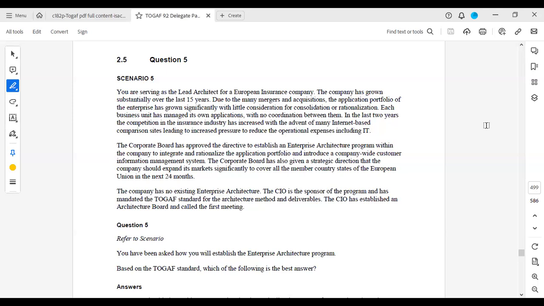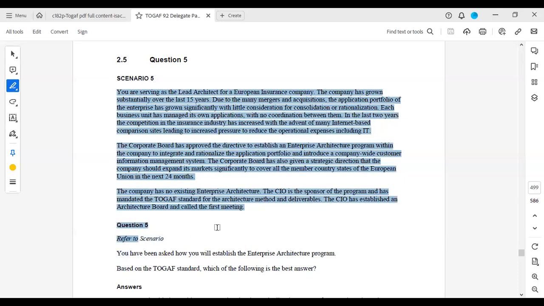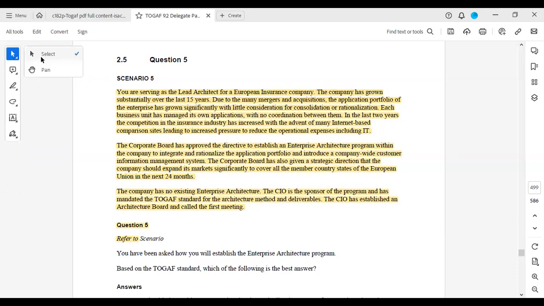And here we go. If you look at the question here, the first thing is you have a scenario given to you. So please go through the scenario, but at the same time don't waste too much of your time on that. You are serving as a lead architect for a European insurance company. The company has grown substantially over the last 15 years. Due to many mergers and acquisitions, the application portfolio of the enterprise has grown significantly, with little consolidation or rationalization as each business unit has merged.